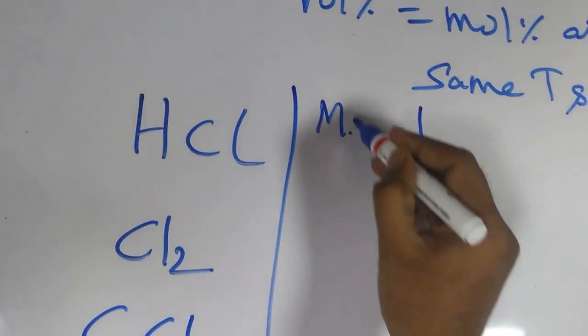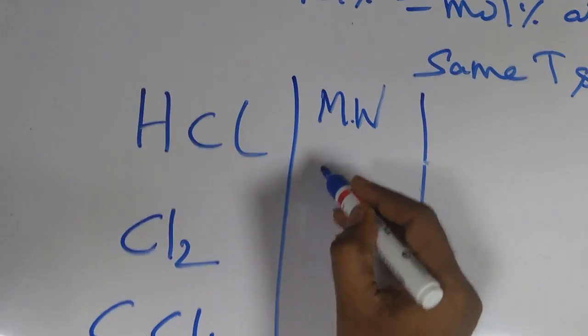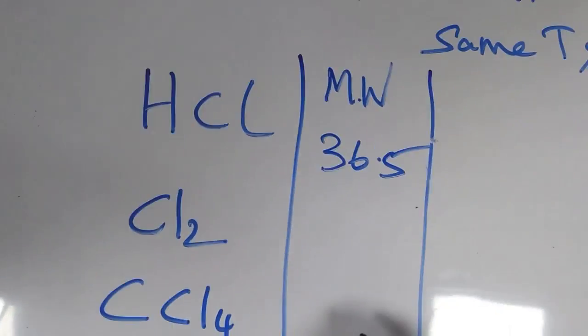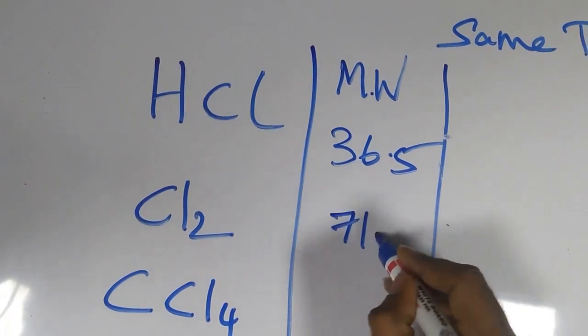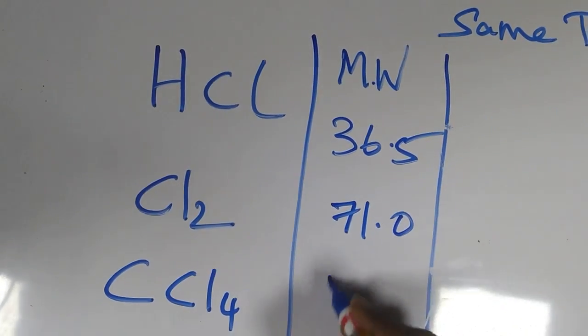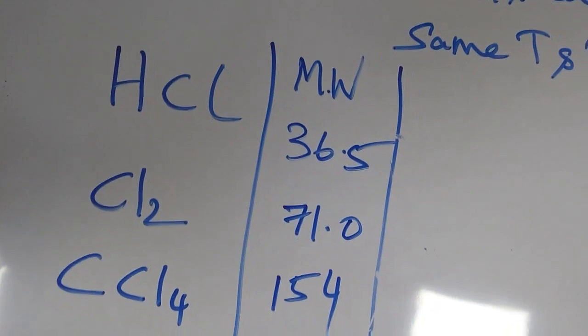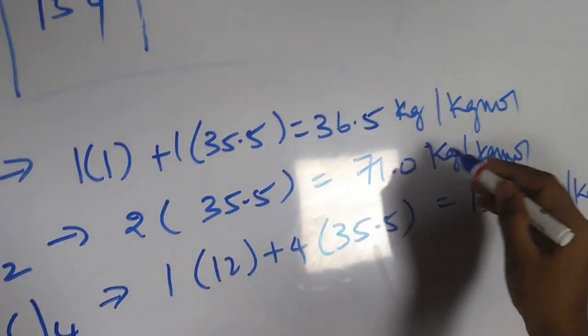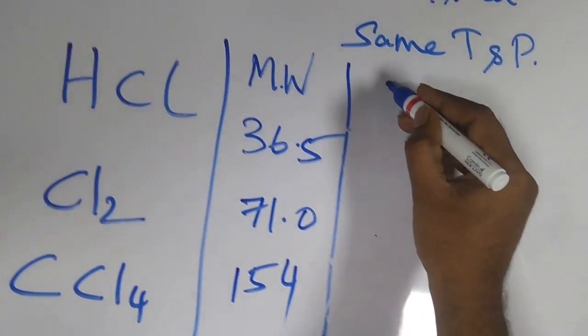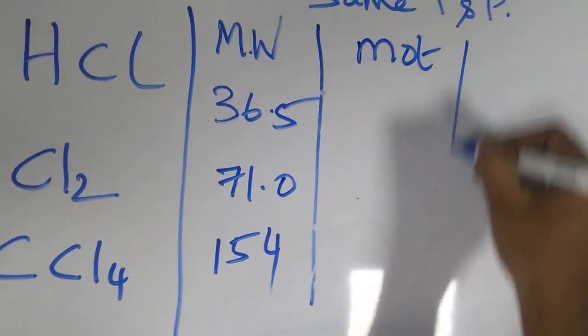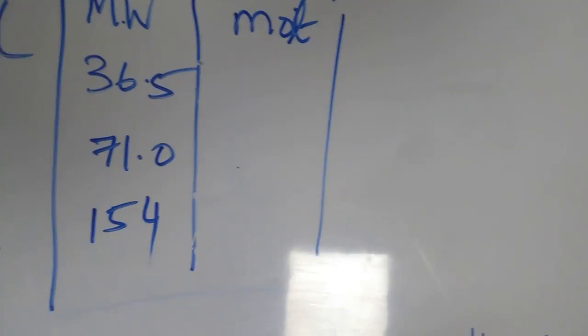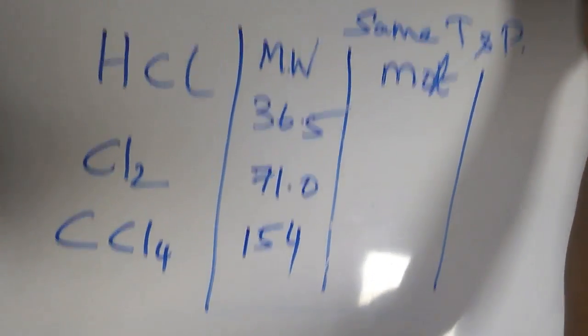We will fill that in the table. Molecular weight: HCl 36.5, chlorine 71. So molecular weight is in kg per kg mole. Now, what is the mole fraction? For this we are going to consider a basis.